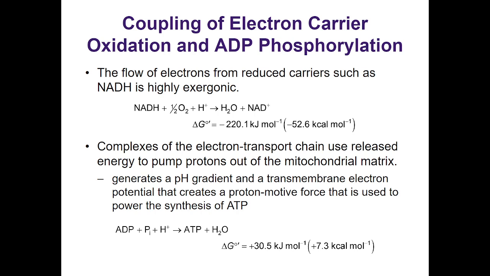Typically, you're going to generate about 2.5. Is that super efficient? No, it's actually pretty good, to be honest. Like, do you know what the efficiency of a typical engine is? Like in your car?